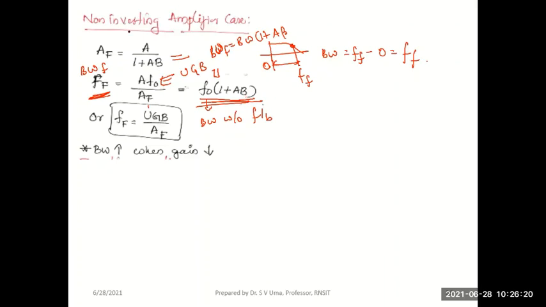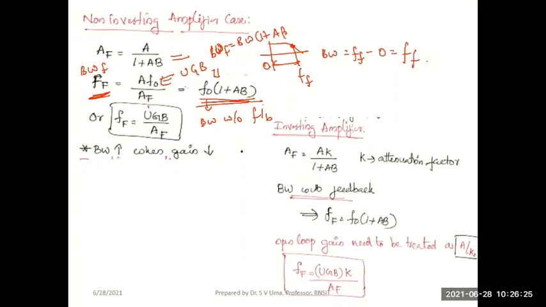Okay. So whenever gain decreases, the bandwidth should increase. That's another logic which we have applied. For the inverting amplifier, the gain with feedback is given as A into K divided by 1 plus A beta. So what is this K? K represents an attenuation factor which is multiplied with the basic gain with feedback.